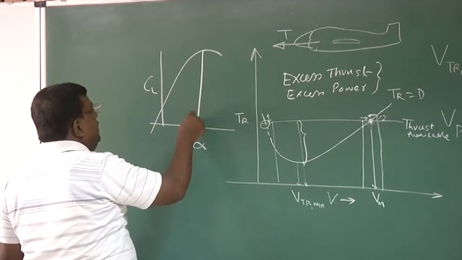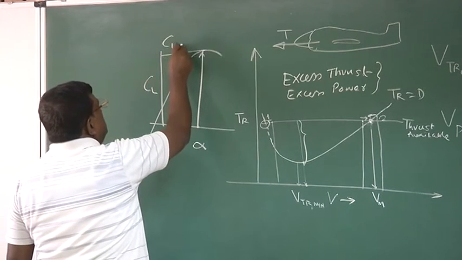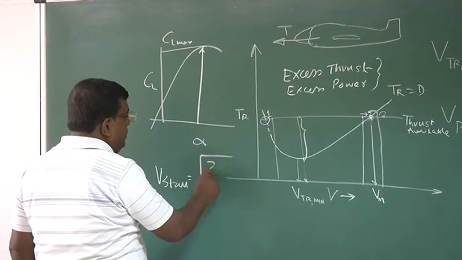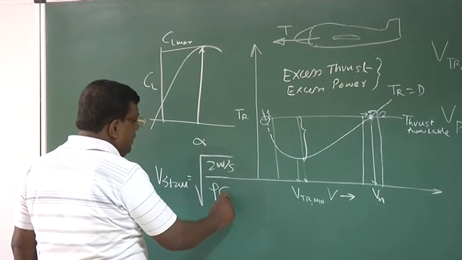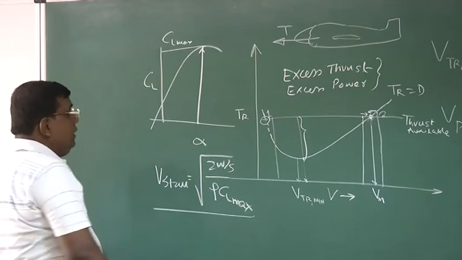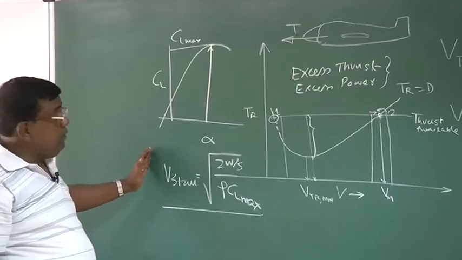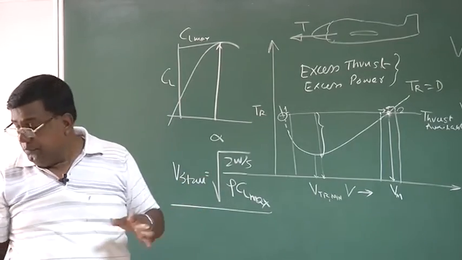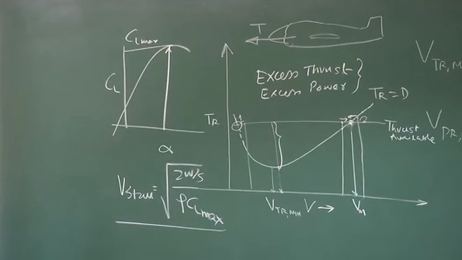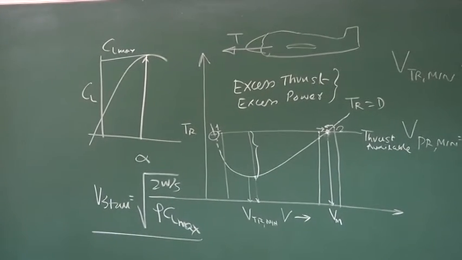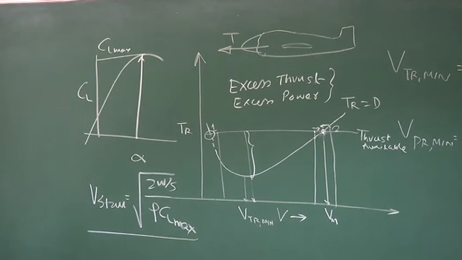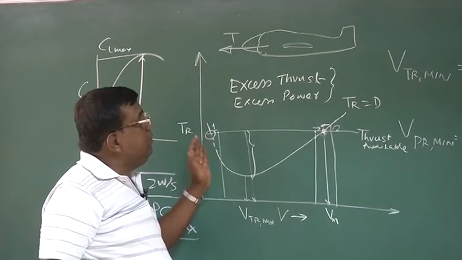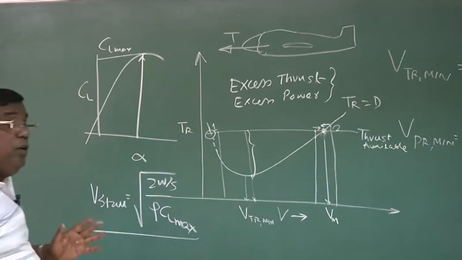You are flying somewhere here, so this value is CL max, and V stall will be equal to the square root of 2W by S rho CL max. So this decides your minimum speed limit, that if the airplane goes below this speed, it is of no worth as far as flying is concerned. That means for all practical purposes, the relevant speeds for us will be those greater than or equal to V stall.